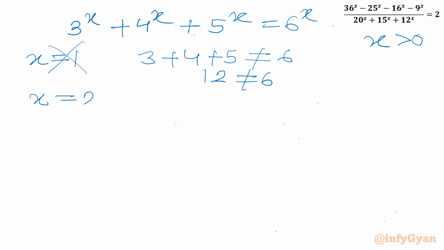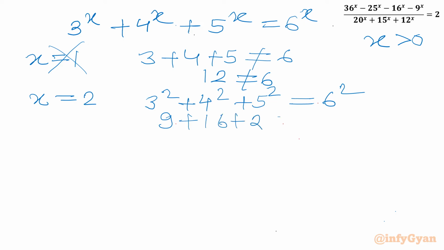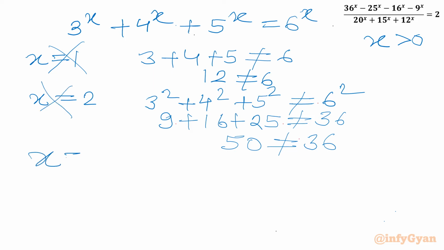Let us consider x is equal to 2. So 3 square plus 4 square plus 5 square. Is this equal to 6 square? So we will write 9 plus 16 plus 25. This is 50. 50 cannot be equal to 36. So we will reject this solution also, and let us consider x equal to 3. So 3 power 3 plus 4 cube plus 5 cube.